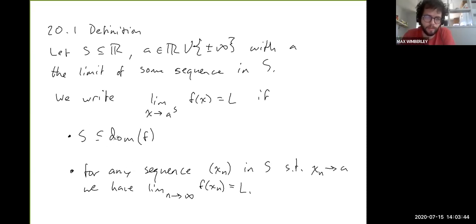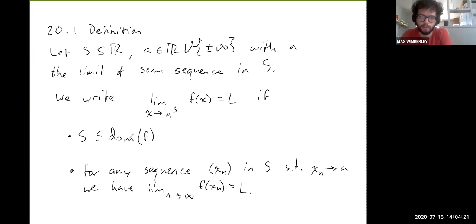Basically, we need S to be a subset of the domain of F because otherwise it doesn't make sense to talk about F of xn for sequences xn approaching A. If S contains some points that are not in the domain of F, then you can reformulate the statement by throwing out the points of S that are not in the domain of F, and then making the statement.